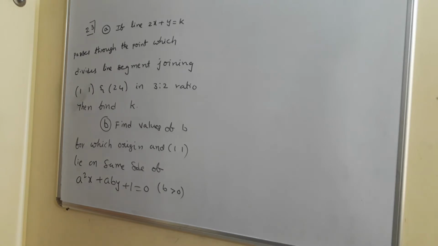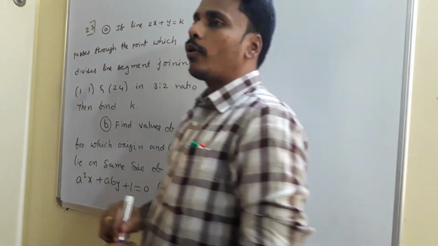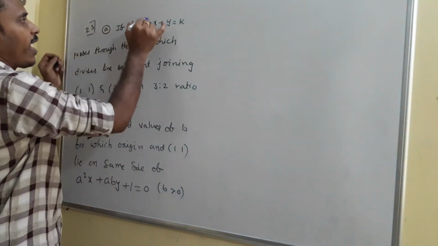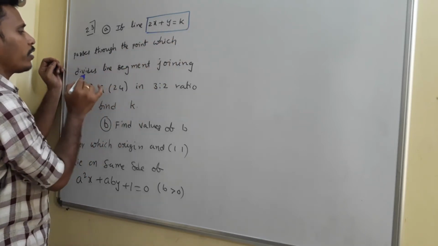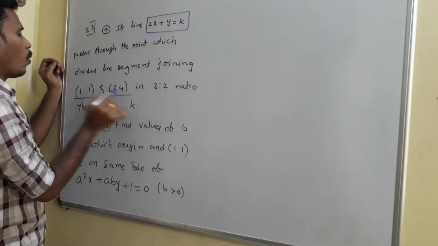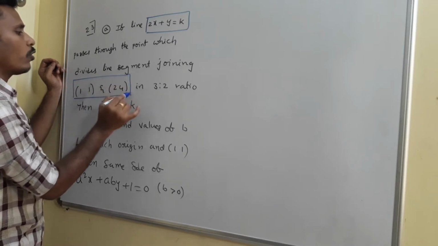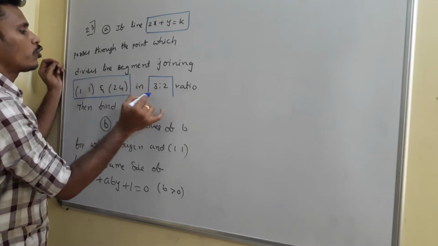The first problem, 23rd A: the line 2x plus y equals k passes through the point which divides the line segment joining (1, 1) and (2, 4) in the ratio 3:2.